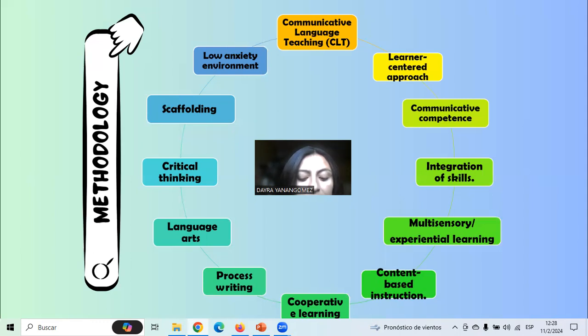Critical thinking: learners are guided to think critically and to solve problems. Scaffolding: activities are structured to provide appropriate challenge and support. And low anxiety environment: mistakes are not overcorrected, to reduce anxiety.